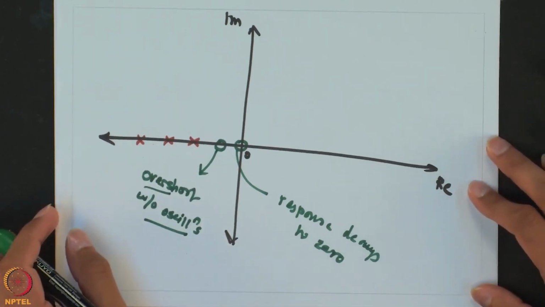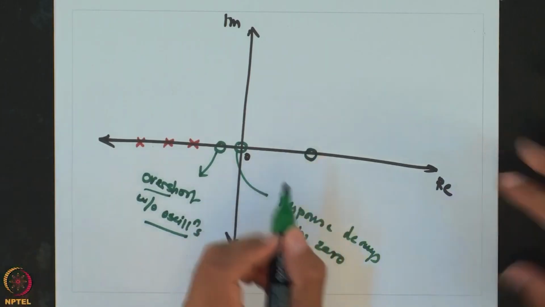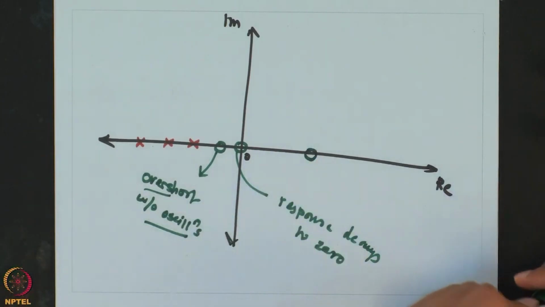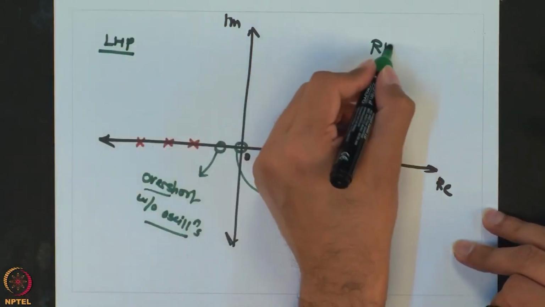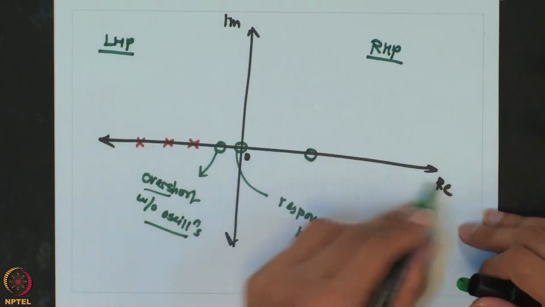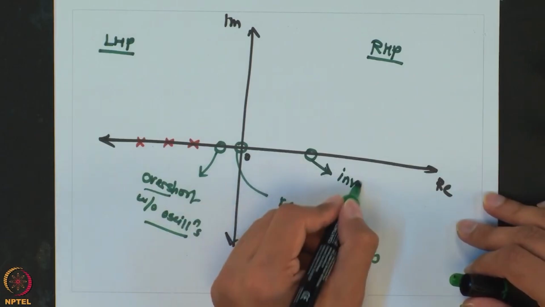And the other case which is going to give you interesting results is if the 0 is on the right half plane. So if the 0 is a real 0 on the right half plane, it is going to give you inverse response.